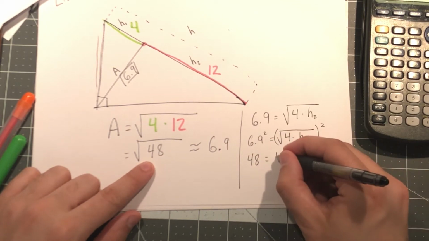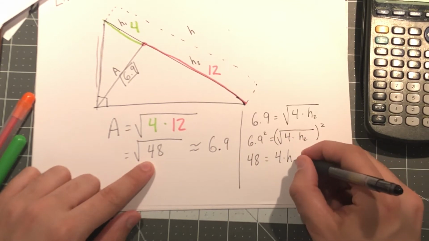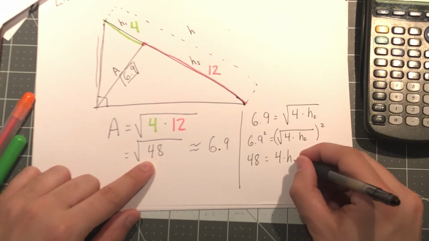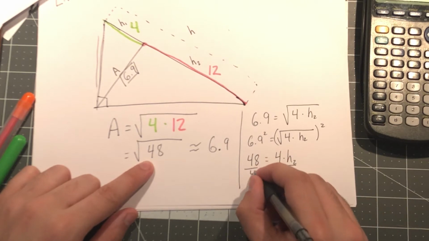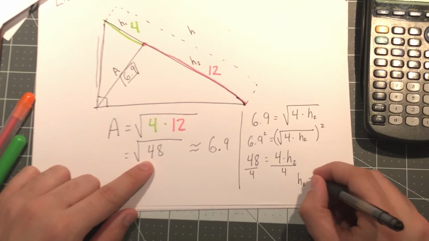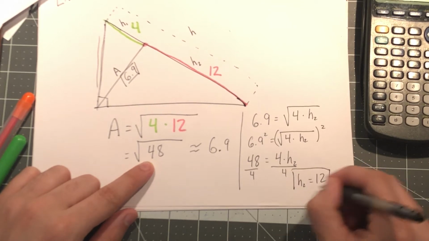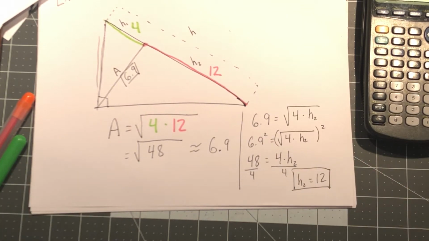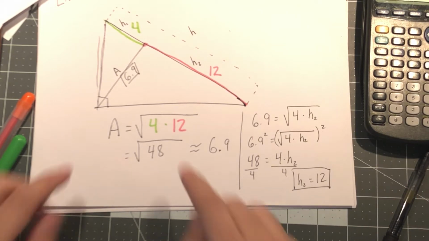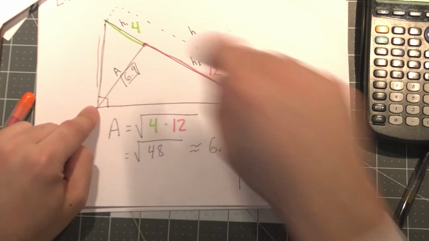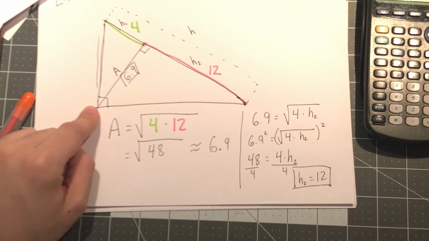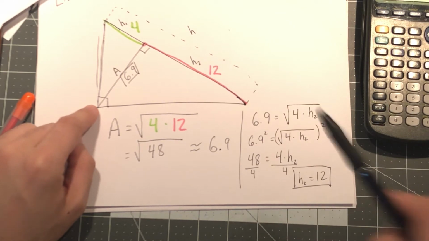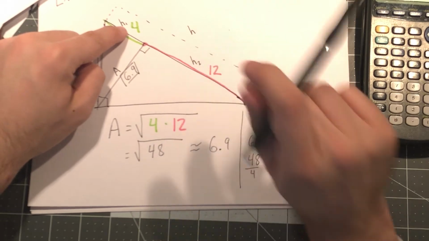It's not exact, but we always have to worry about decimals and kind of where we cut off. And we get this, divide by 4, and I can get 12 that way. So either way, no matter what piece we have or don't have, we can work backwards and find it. The altitude from this corner to here, a line that goes from the corner and makes a right angle, is going to be equal to this times this square rooted.